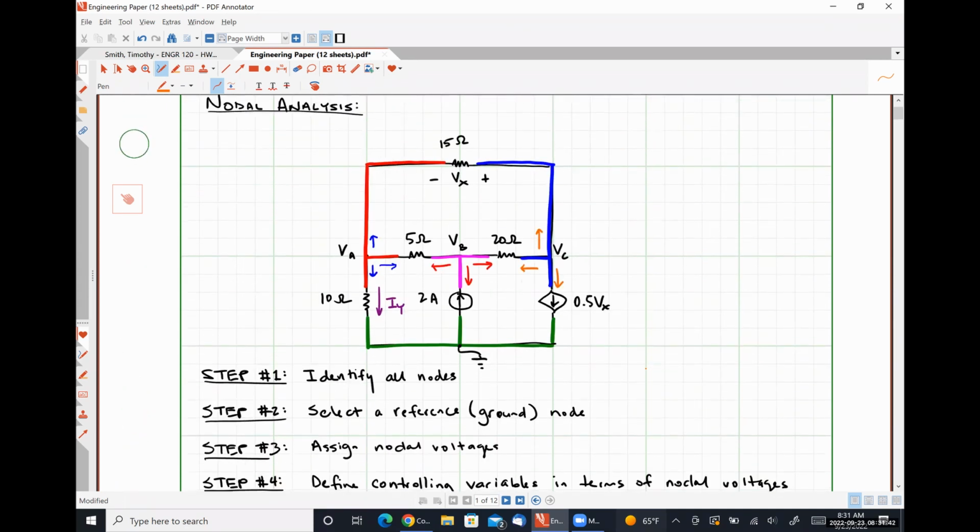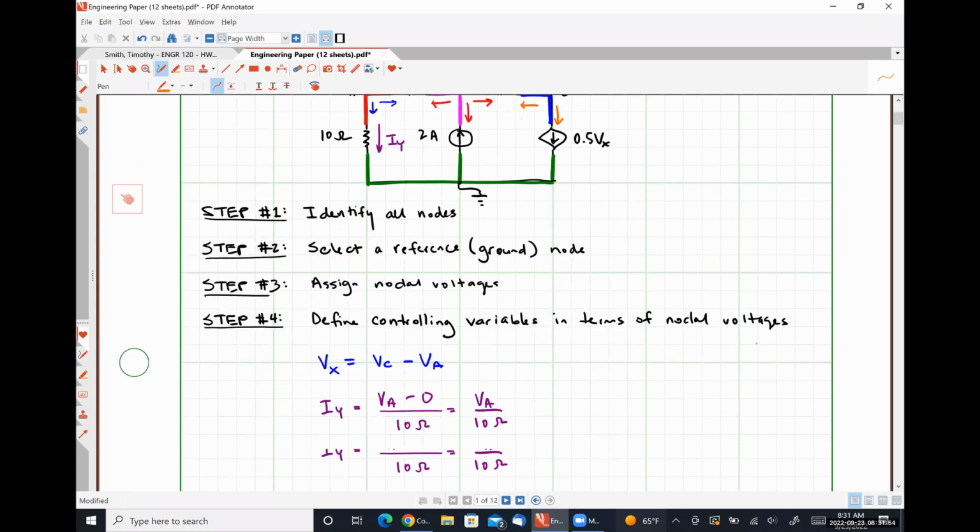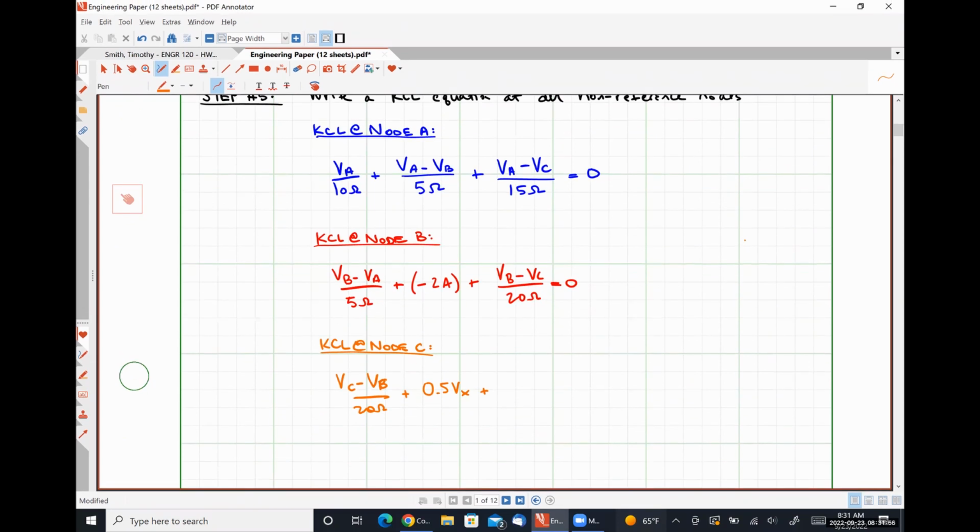And Cameron, what is the current flowing up, leaving VC? Exactly correct. VC minus VA over 15 ohms. Is equal to 0.